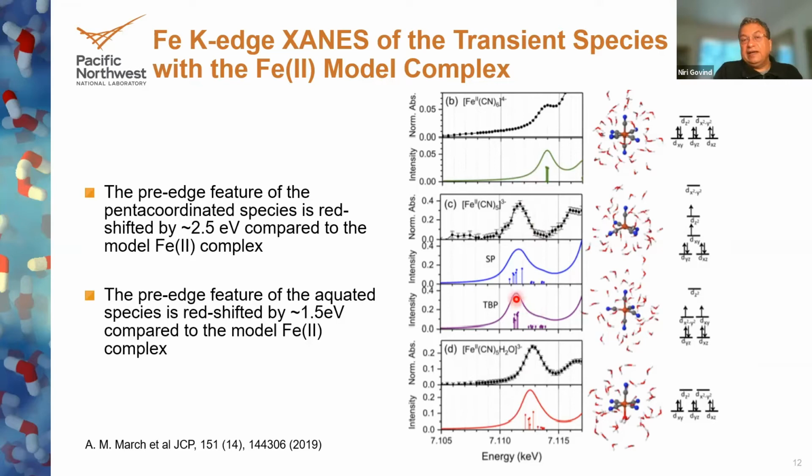Likewise, in the aquated system, you get a redshift of about 1.5 electron volts, which is also really there. So we were pretty pleased with this whole mechanism coming into place, and pretty confident with the picture unraveling with our simulations.